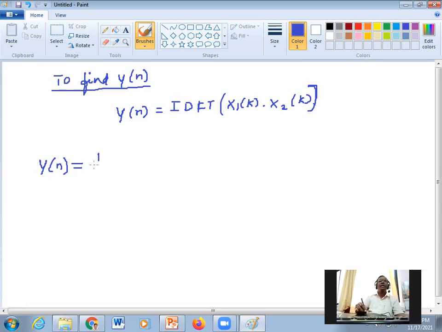It is 1 by N into W_N to the power minus k into this complete part, which I call y of k. So let me write it as y of k, which will be equal to 1 by 4 into W_N to the power minus k.